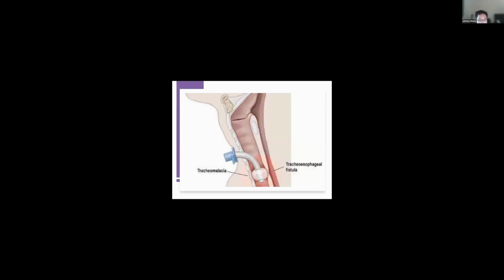Not particularly dangerous. You're still able to ventilate them, but you may be distending the stomach. So if they have a G tube, you want to decompress the stomach to prevent any risk of aspiration. But you do not want to put in an NG tube from above, because you may worsen it or even drop it into the trachea.